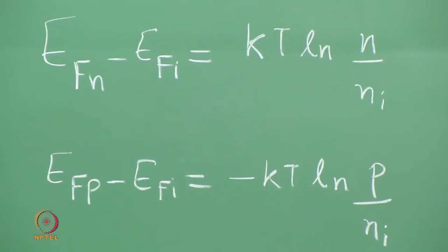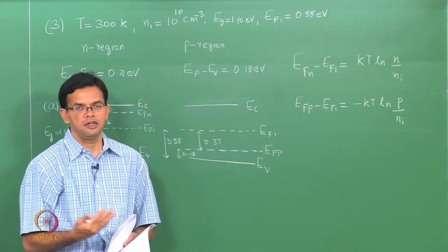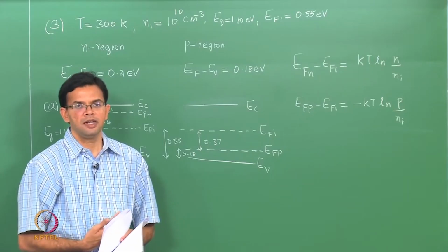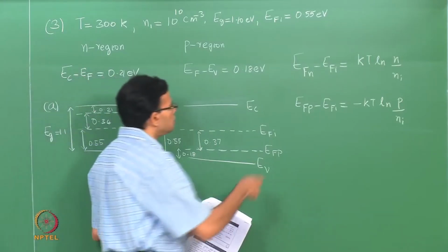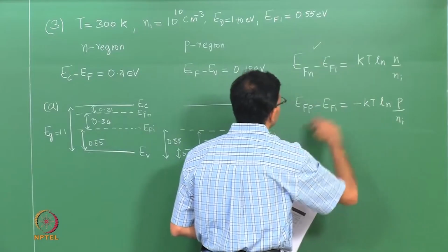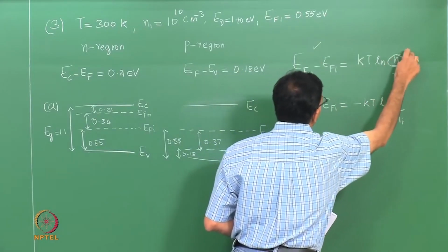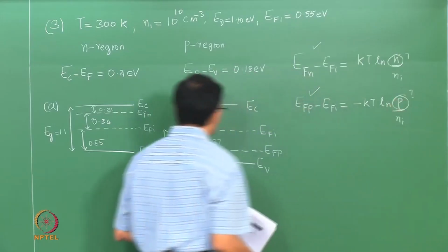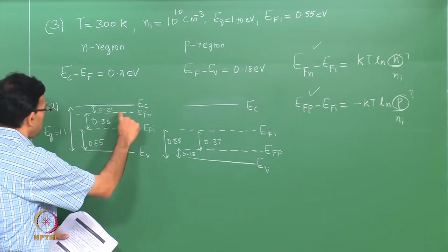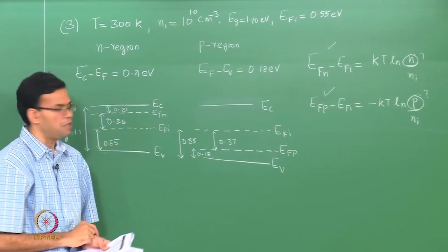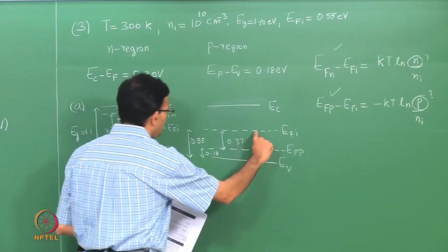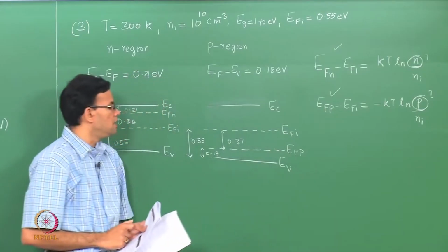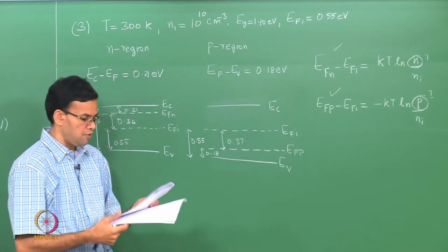So, the position of the Fermi level is related to the concentration of the majority carriers. On the n side it is your donors, on the p side it is the acceptors. So, here this term is known and this is the unknown, same way here this is known and this is the unknown. So, EFn minus EFI is 0.34 and EFP minus EFI is minus 0.37.